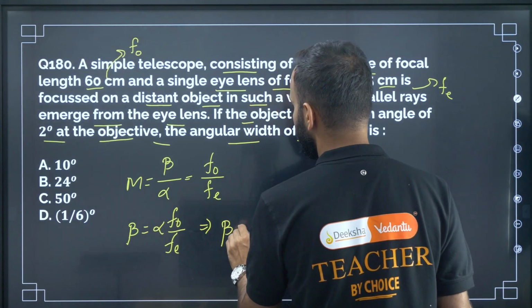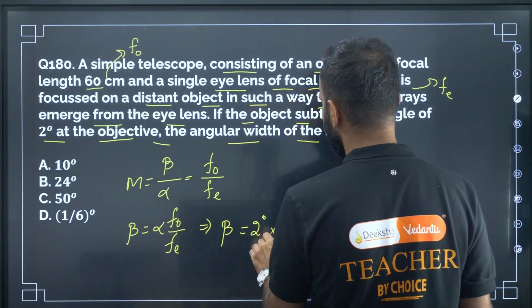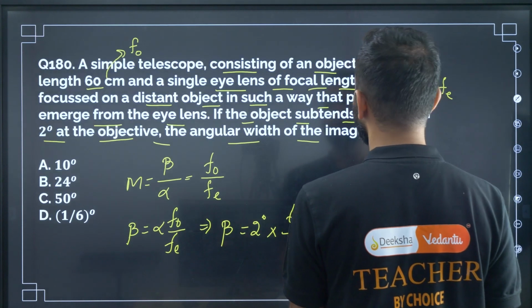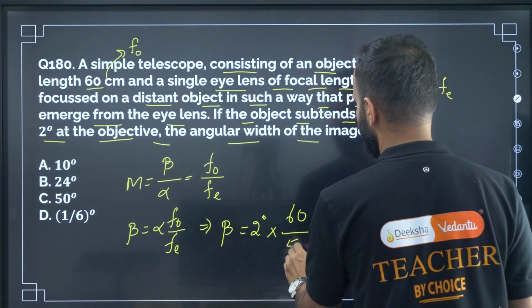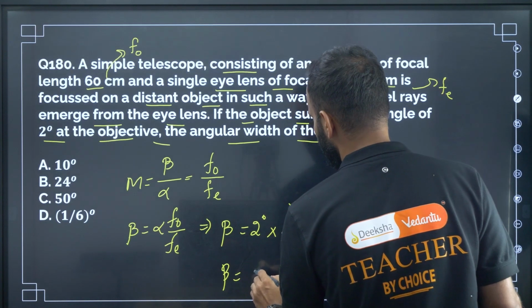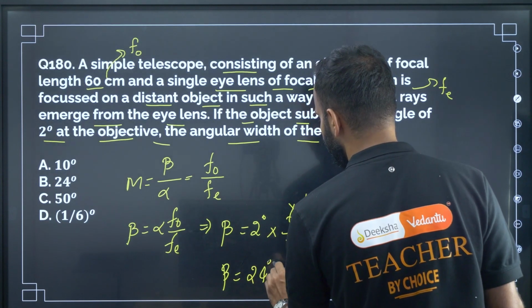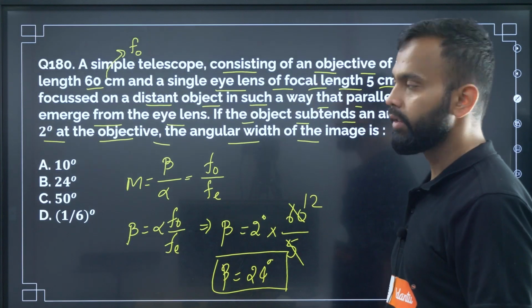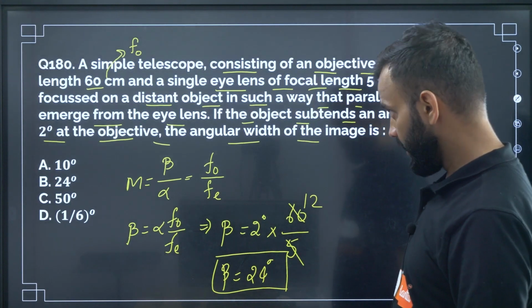So beta is equal to 2 degrees times 60 centimeter divided by 5 centimeter. So this is 12 times 2, so beta is equal to 24 degrees. This is the angular width of the image.